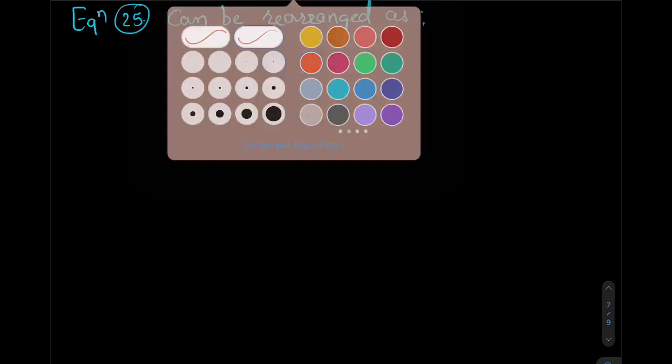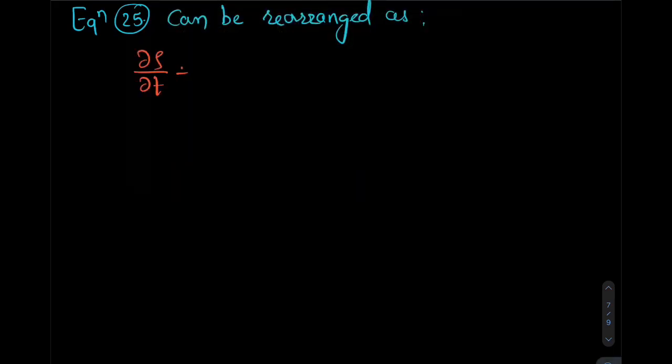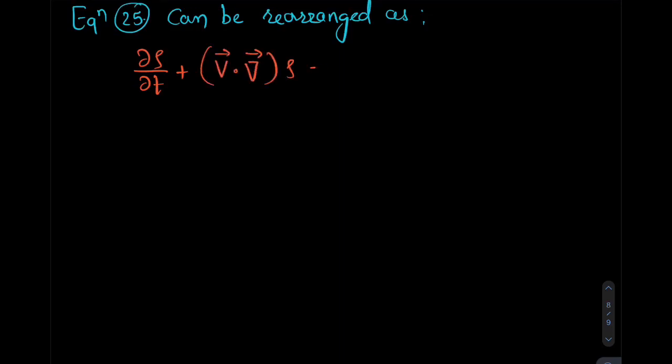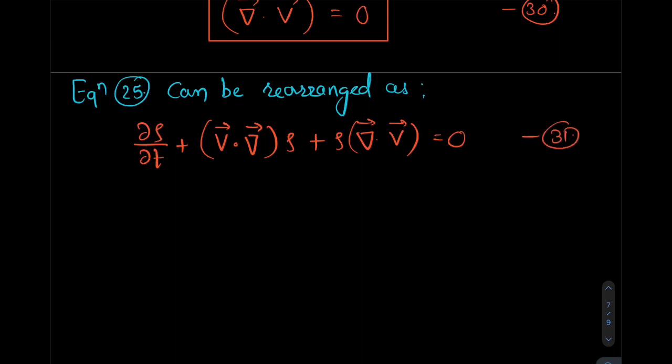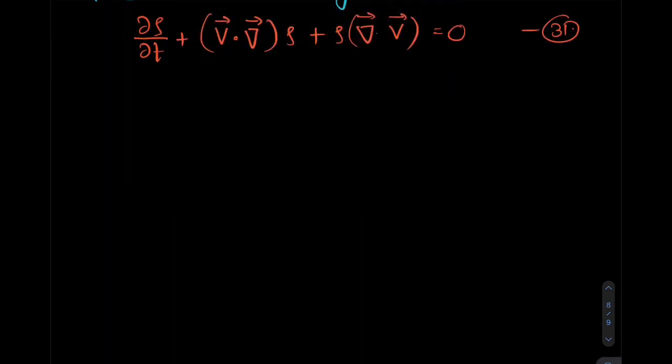Equations 25 or 24 can also be rearranged to get the Lagrangian form, because they were deduced in Eulerian form. So d rho dt plus v bar dot del bar operating on rho plus rho into divergence of velocity. Note this is the product rule in calculus of differentiation.